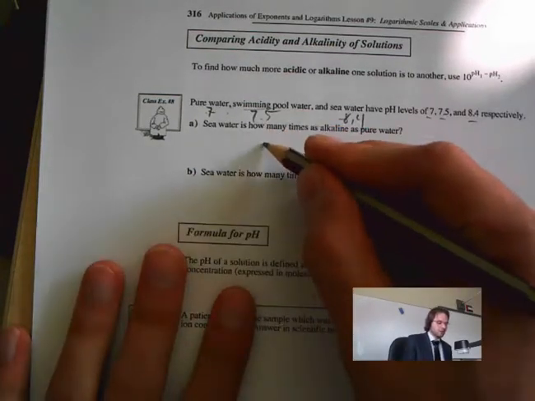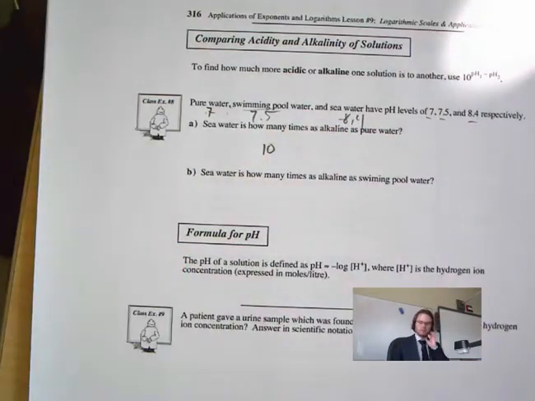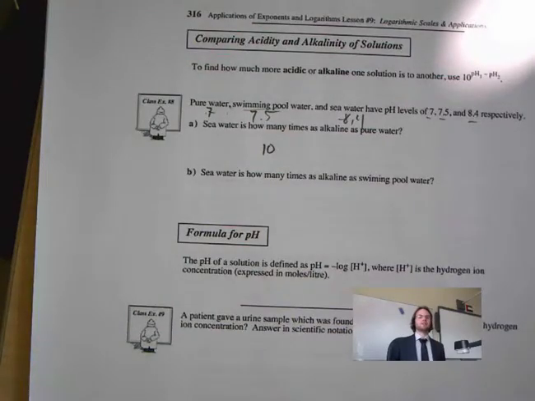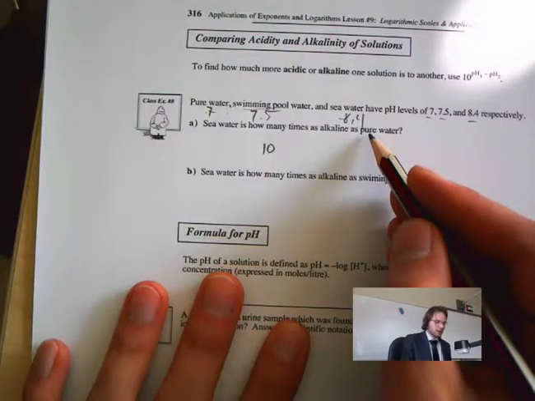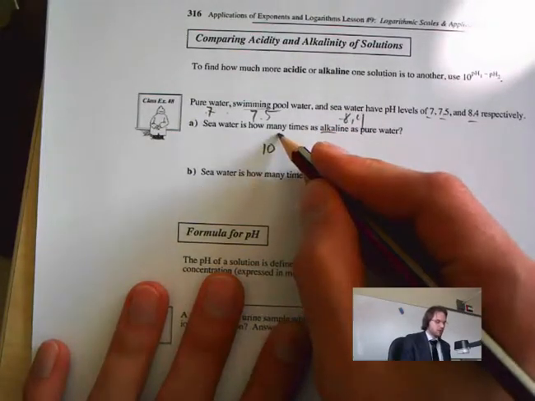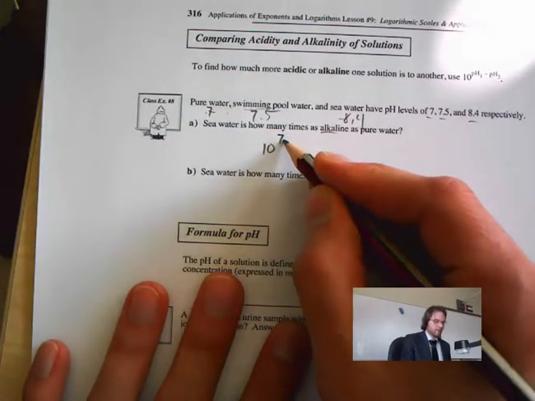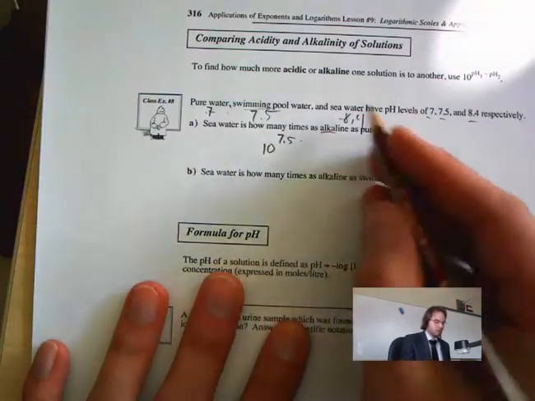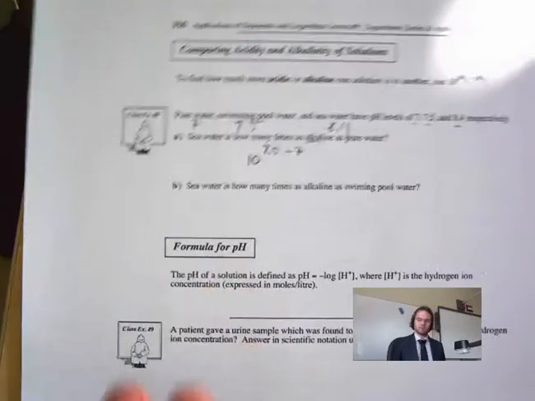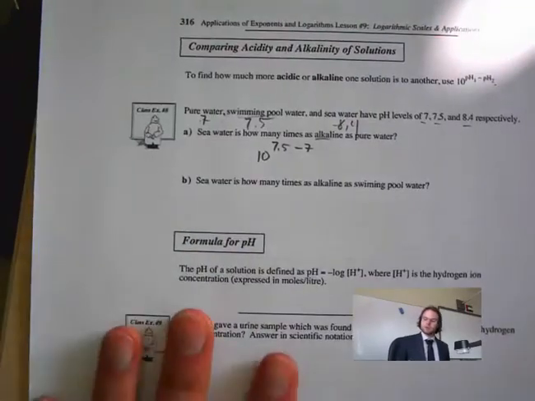Well, if I want to figure this out, I want to have 10 to the, and we're looking at seawater, and alkyne is base, so we're going to do base first. Seawater is 8.4, and we subtract pure water, 7.